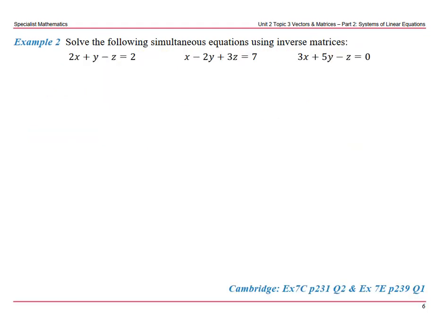Our next example is with 3 variables, so solve the following simultaneous equations. Again, it says using inverse matrices. So construct our matrices. Our coefficient matrix is looking at the coefficients, and remembering that there are ones.